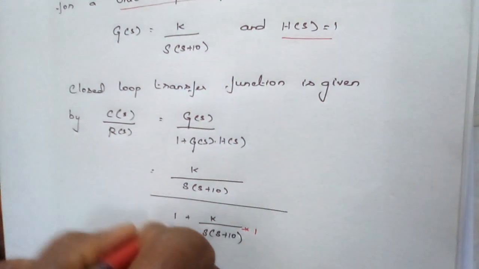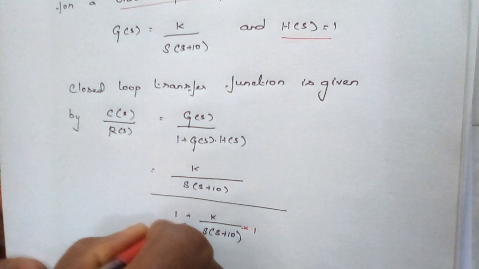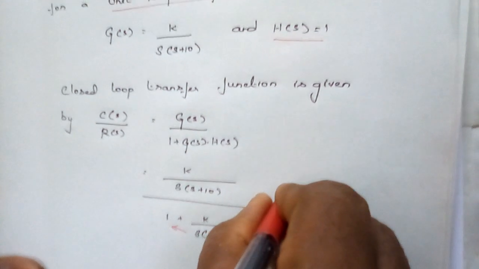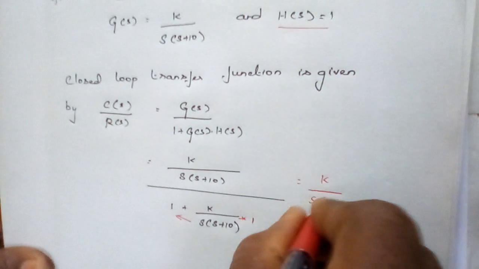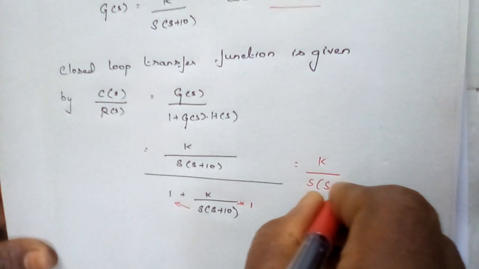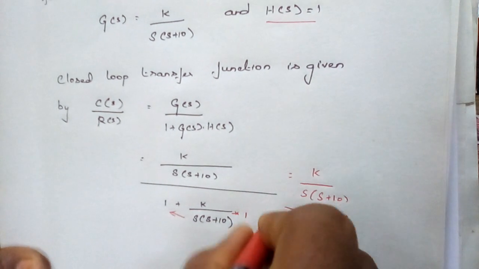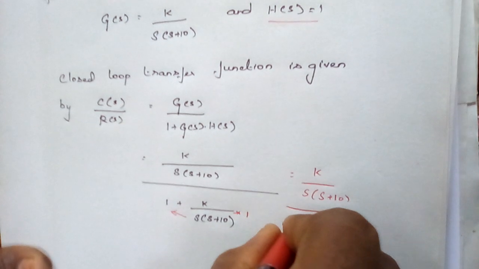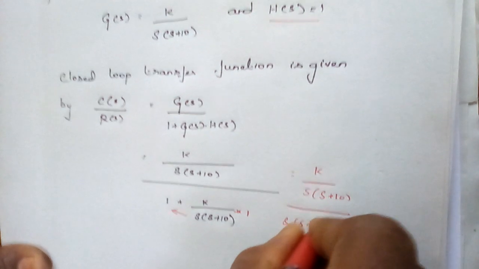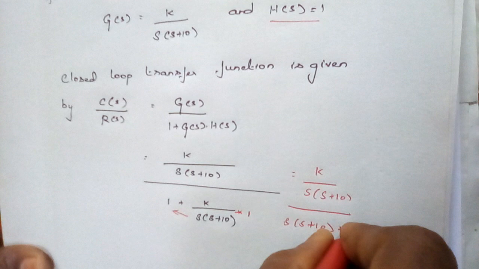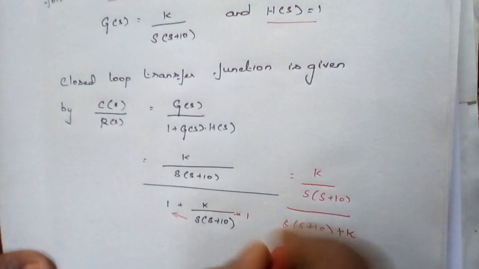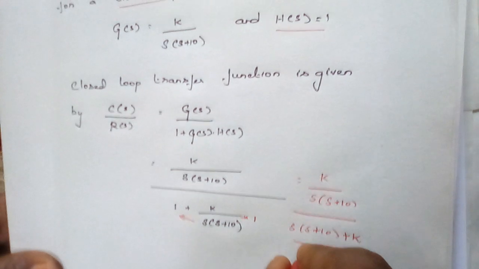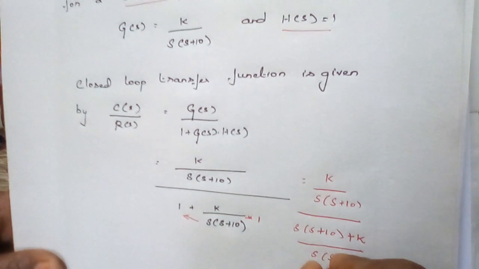And after cross multiplying with this, I get the expression K divided by s into (s plus 10), divided by s into (s plus 10) plus K, divided by s into (s plus 10).